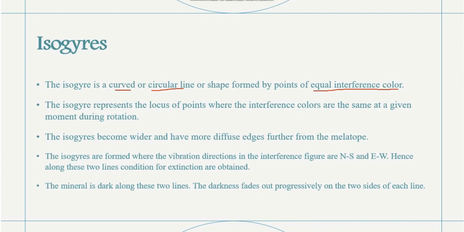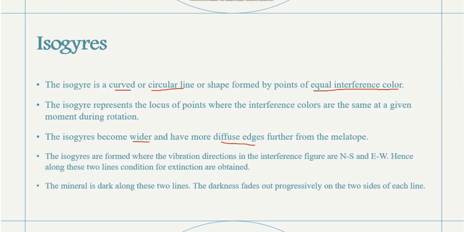So an isogyre is a curved or circular line or shape formed by points of equal interference color. If we have points of equal interference colors, then we have what you call the isogyres. So the isogyres represent the locus of points where the interference colors are the same at a given moment during rotation.